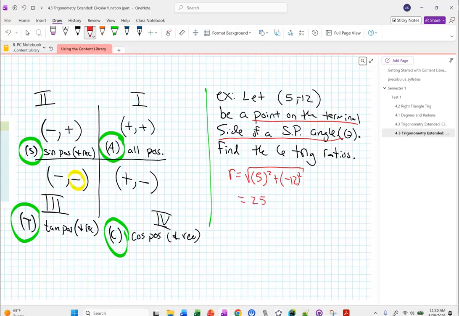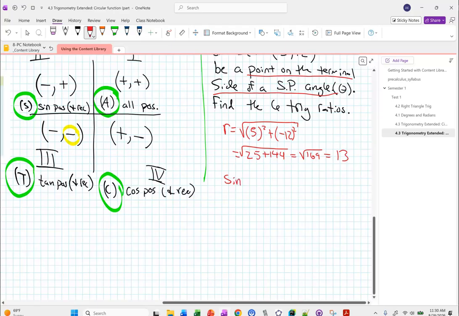Five squared is 25. 12 squared is 144. You add those together, you get 169. The square root of that is 13. Is everybody okay with how I found r? Okay.